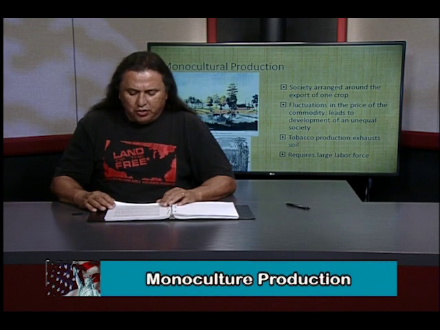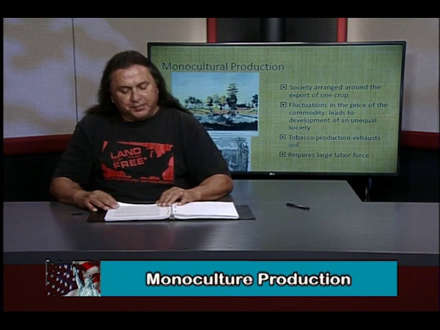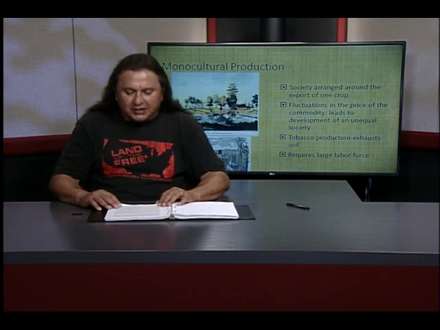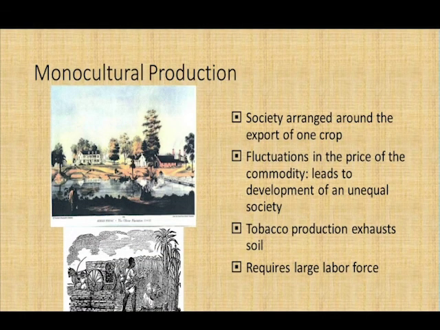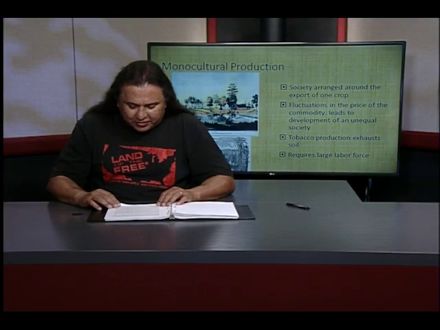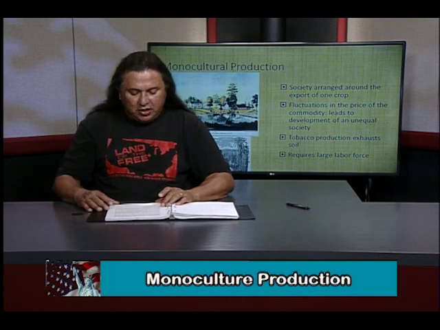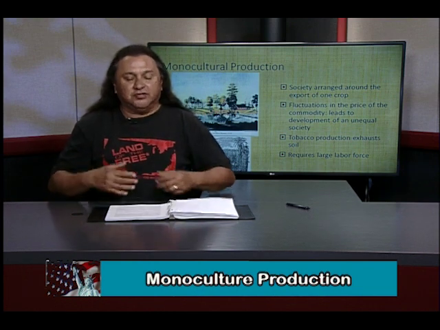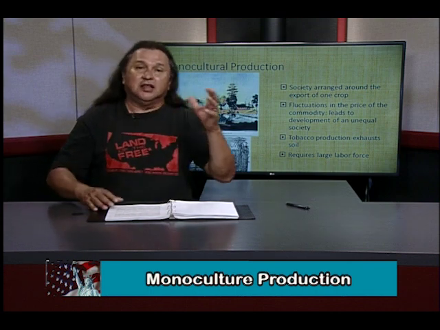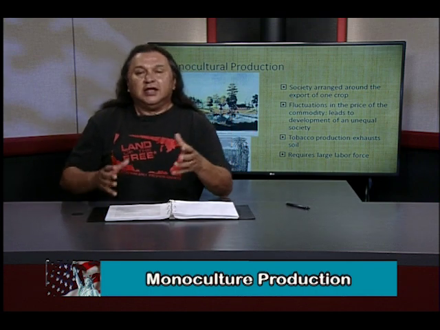And then there's the third problem. Monocultural production requires a large labor force. This required a massive influx of workers, primarily indentured servants. This need for large labor forces eventually is going to convince the planter class to shift to slave labor, especially as they find out that for profitability to continue, the continual importation of indentured servants is necessary to counterbalance the high death rate of indentured servants.